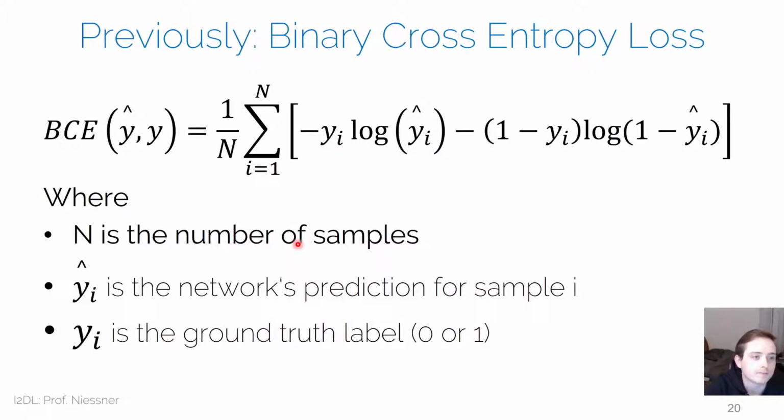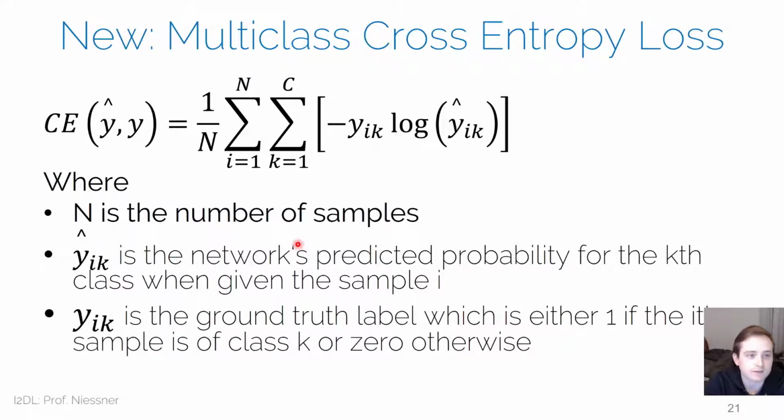Previously we've seen the binary cross-entropy loss for tasks of binary classification, where you only have 2 classes. In this case, it is not binary anymore, and you saw that we have a generalization of the binary cross-entropy loss for the multi-class case, which is called the multi-class cross-entropy loss, or the softmax loss.